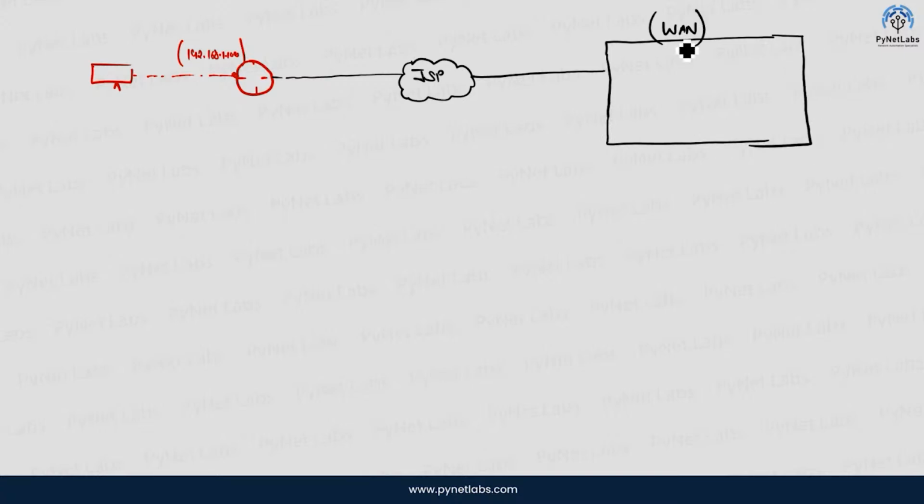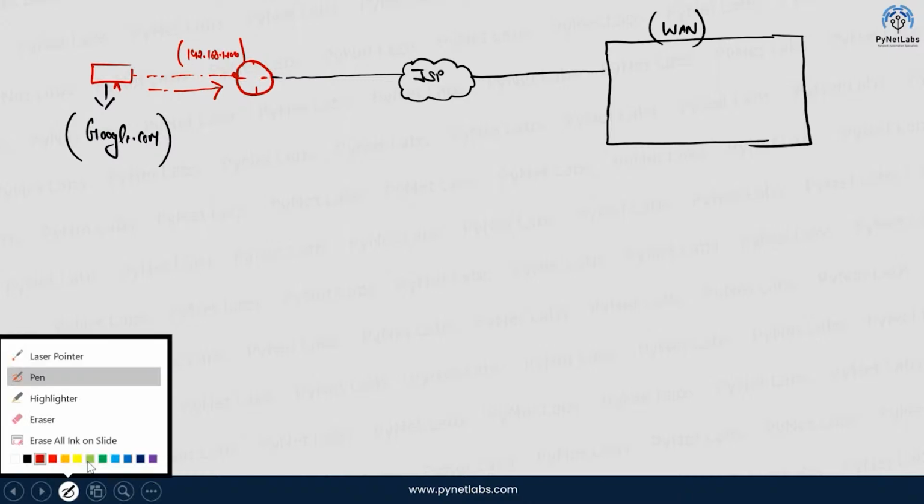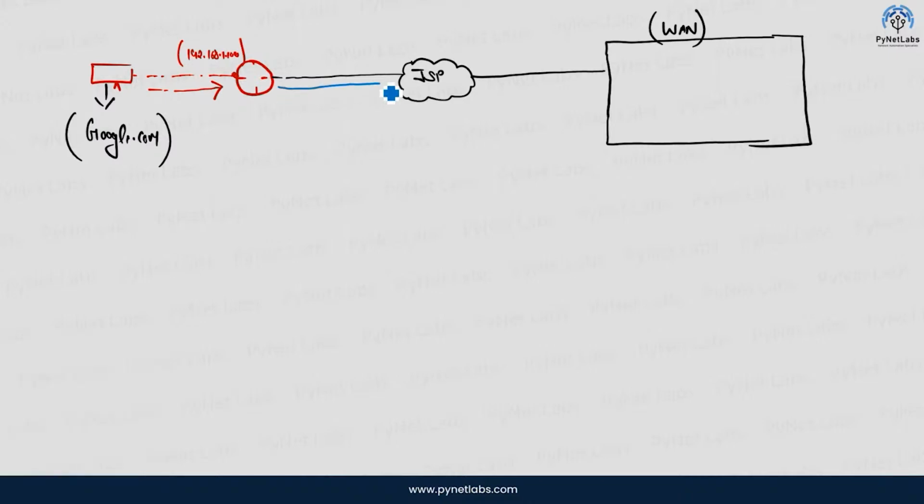Now over the wide area network, suppose that you as a user are trying to access google.com. Your data will first be transmitted to your home router, then this router will transmit the same data to the ISP router, and the ISP will send it to the wide area network.